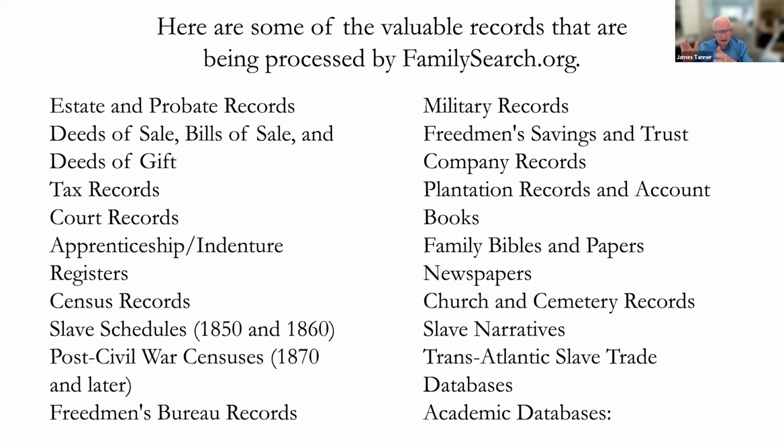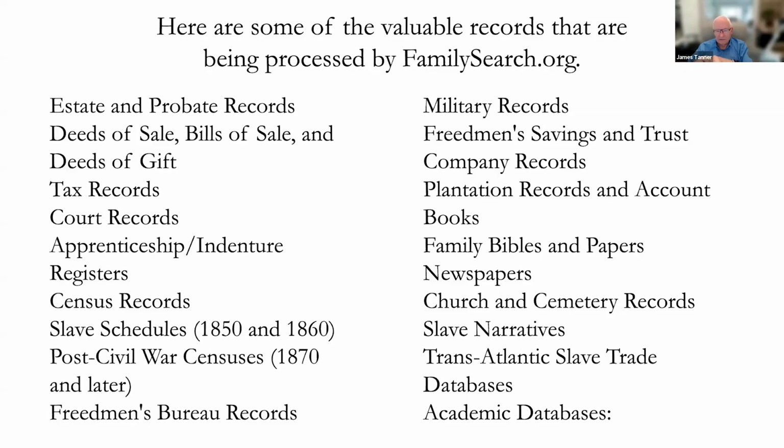Registers, census, slave schedules, I mentioned that, and the post-Civil War censuses from 1870 onward. Then we have the Freedmen's Bureau records. If you aren't familiar with any of these records, I would encourage you to look at the list.